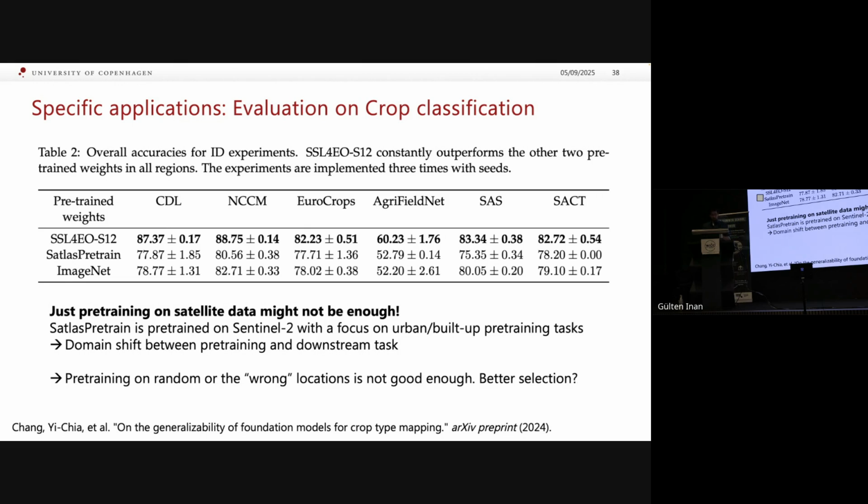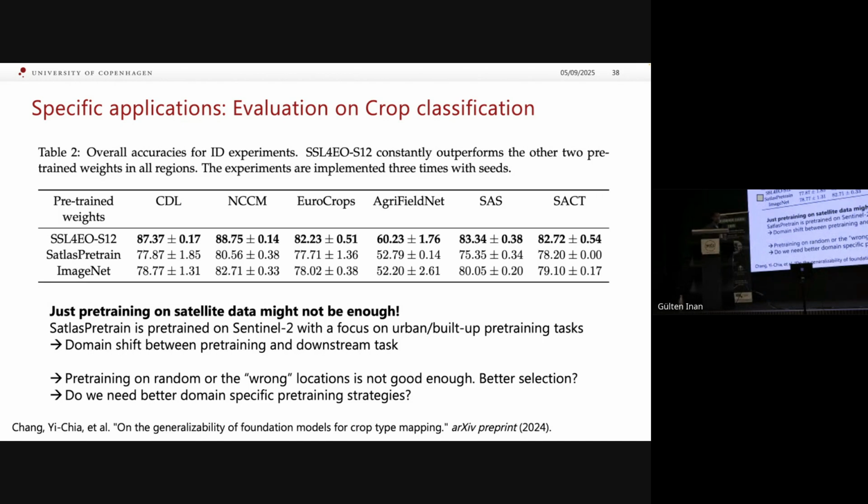So again, if we pre-train just on random or even the wrong locations, like really excluding basically all of the relevant pre-training locations, then this might not lead to good results. So we need a better selection. So ideally, we can inform this pre-training also with knowledge from our downstream task that we care about.